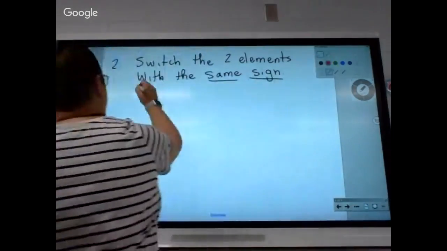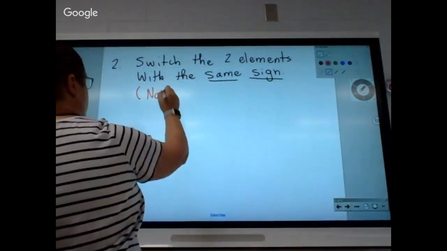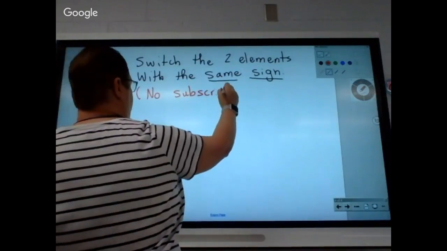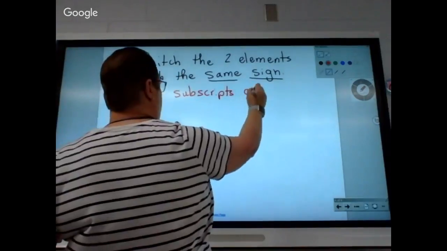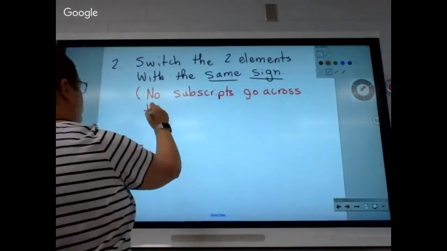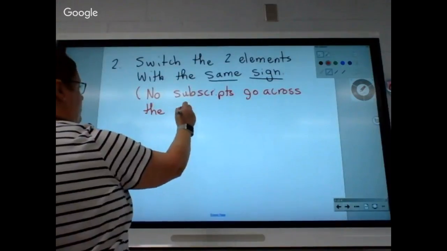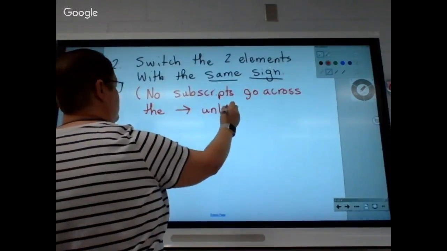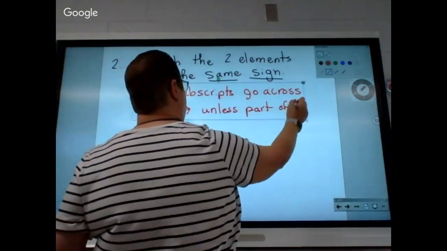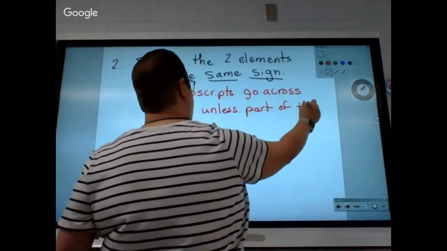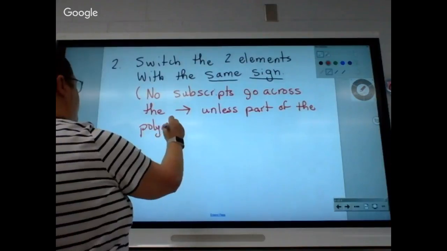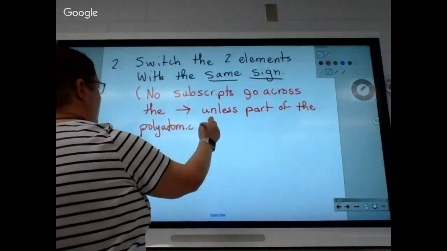Now, no subscripts go across the arrow or the yield sign unless part of the polyatomic ion.